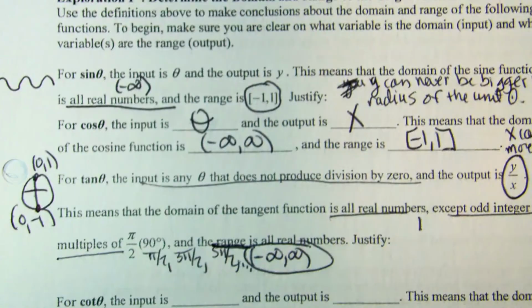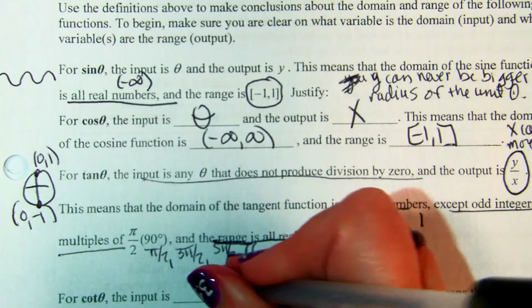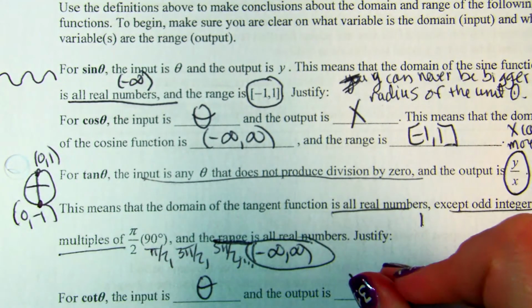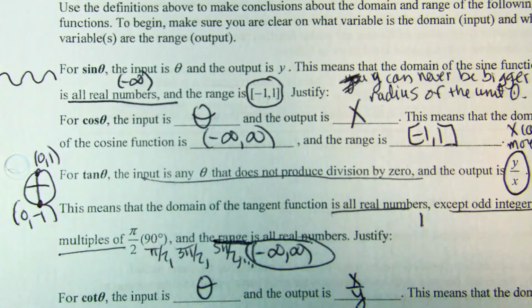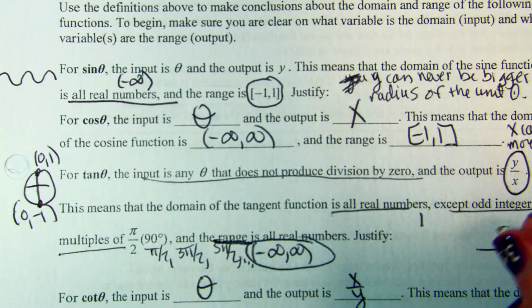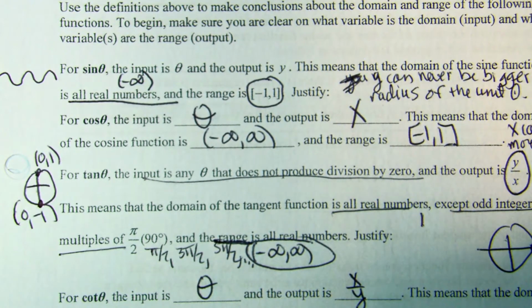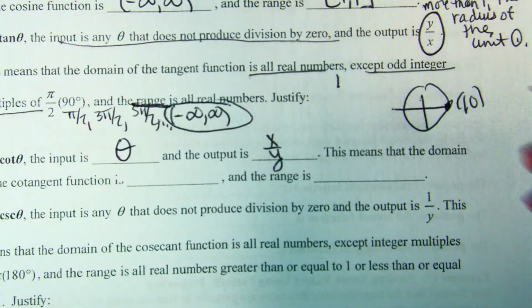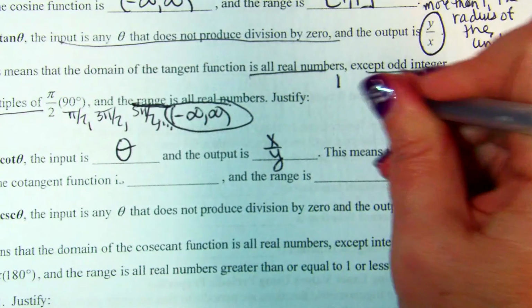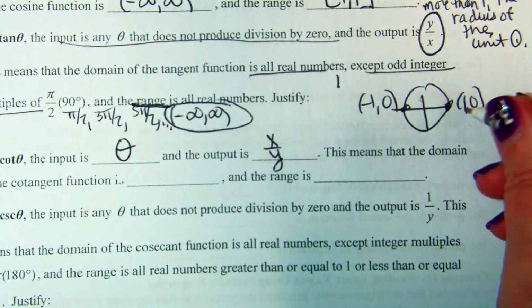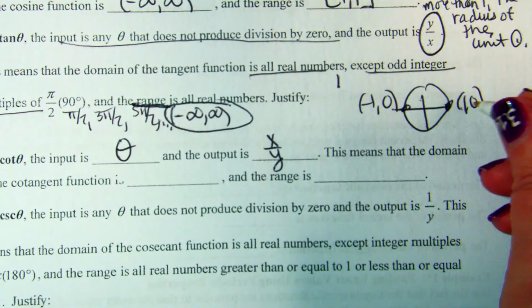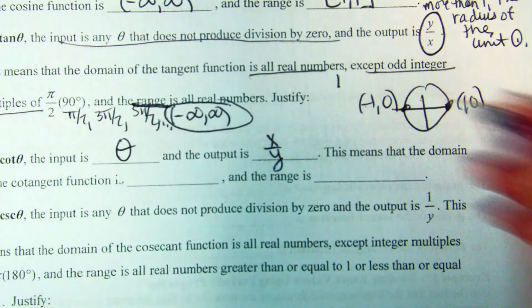For cotangent, the input is theta and the output is x over y instead. So this time it's these two places, 1, 0 and negative 1, 0, because it's x over y. You get 1 over 0 undefined, negative 1 over 0 undefined.